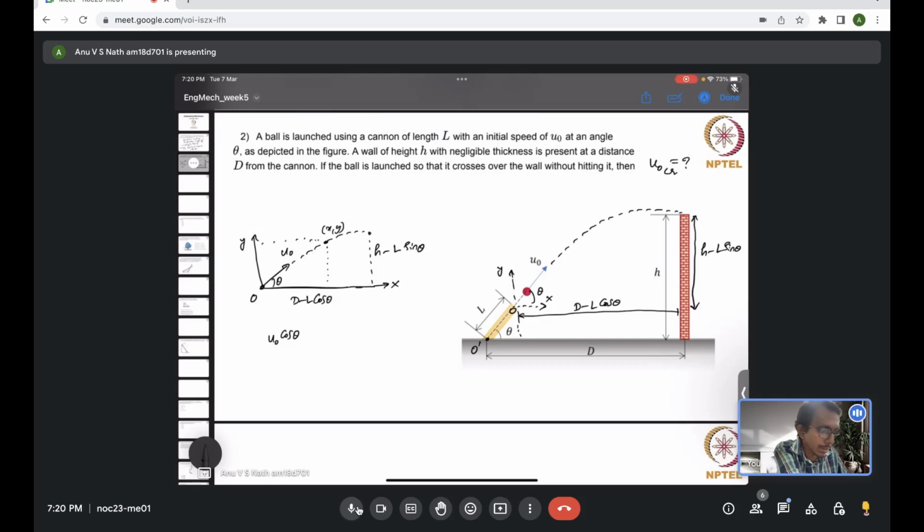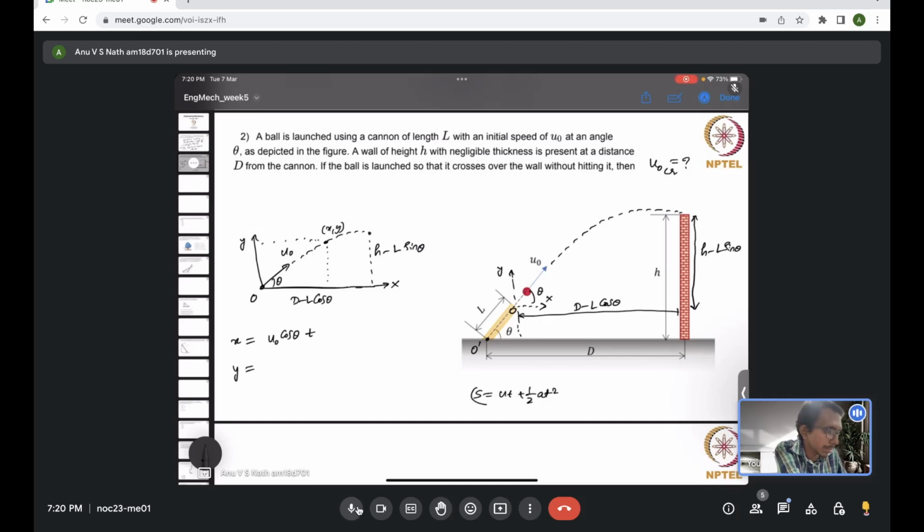So the horizontal distance traveled is the horizontal velocity times the time. Now in the vertical direction, it is experiencing a constant acceleration in the downward direction due to gravity. As you know, s is equal to ut plus half at square.